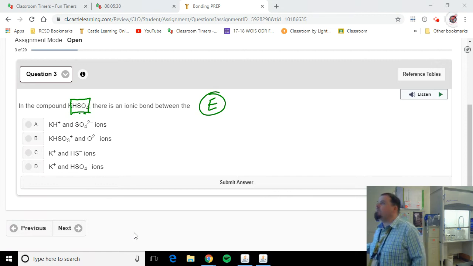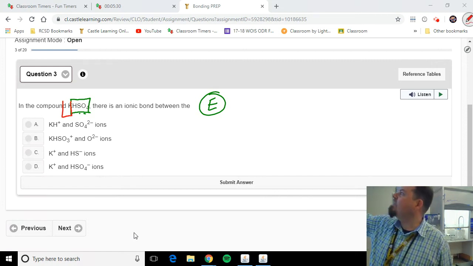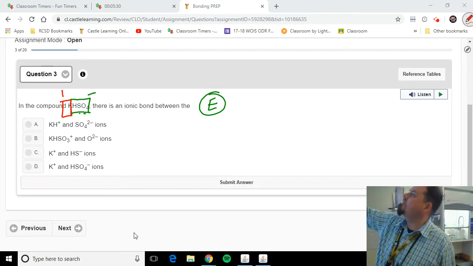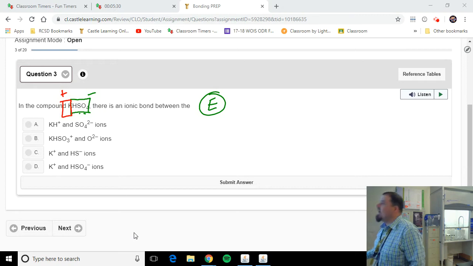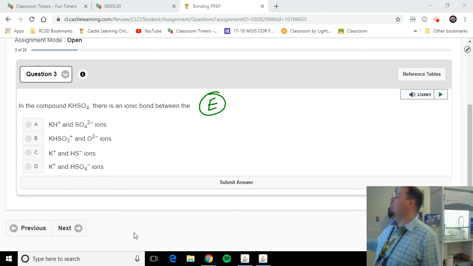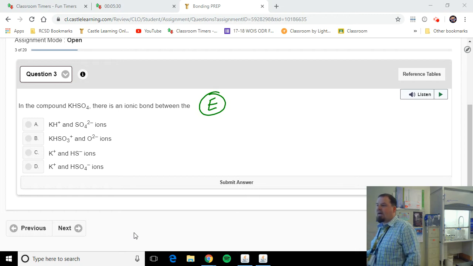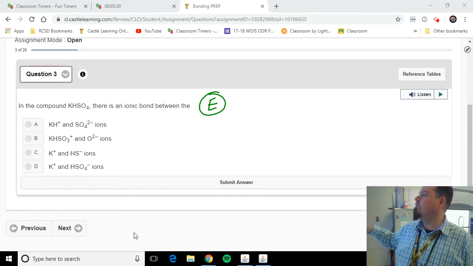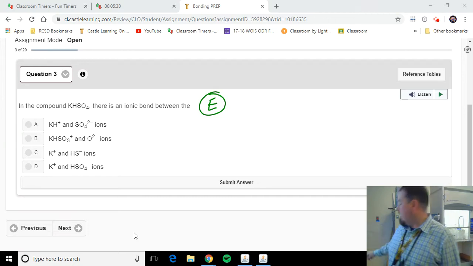And then it's going to be ionically bonded to the metal. I'm going to have a negative here, and I'm going to have a positive here. So the bond that's ionic is between the K and the HSO4. So I need to find that. And the answer for between K and HSO4 is D.